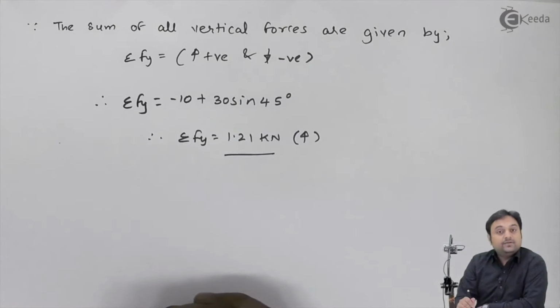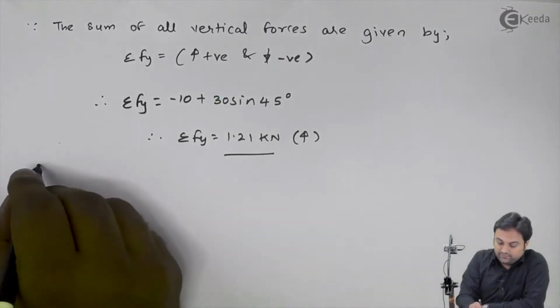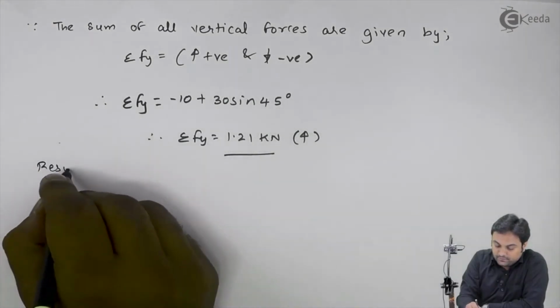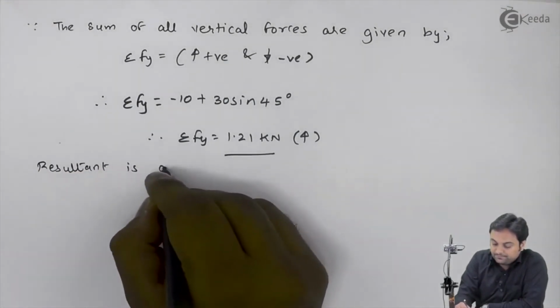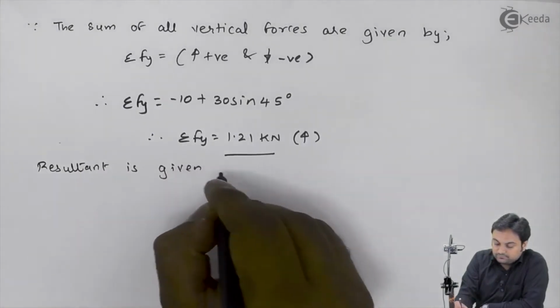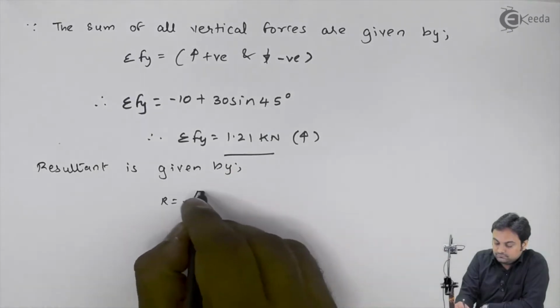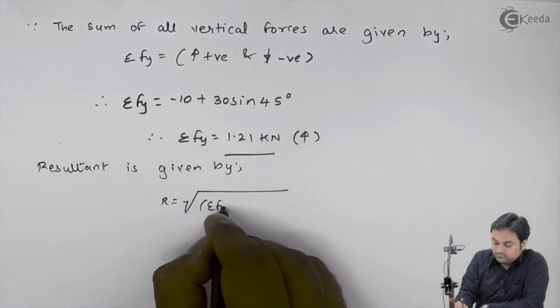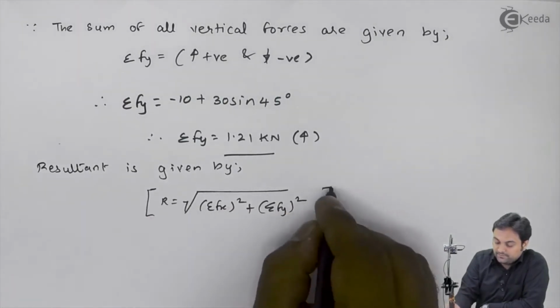After getting the sum of all horizontal forces and the sum of all vertical forces, now we can find resultant. Resultant is given by capital R is equal to root of summation Fx square plus summation Fy square.